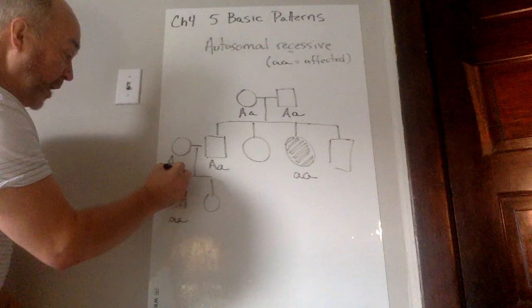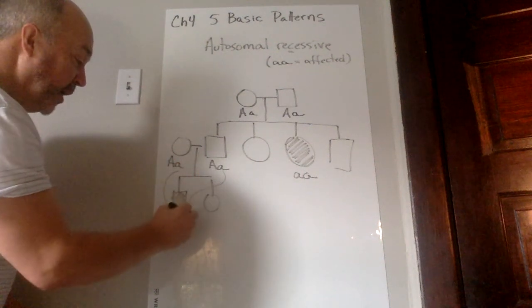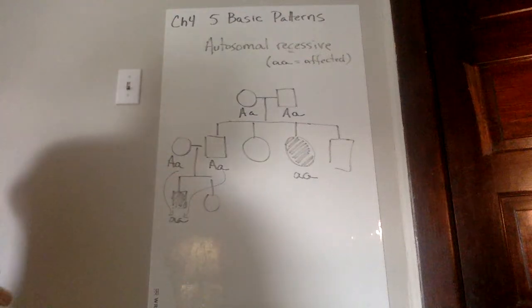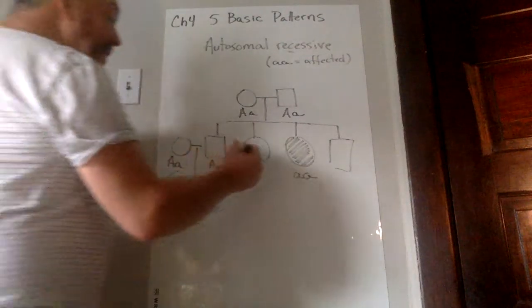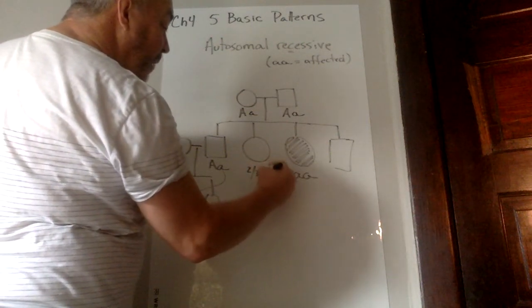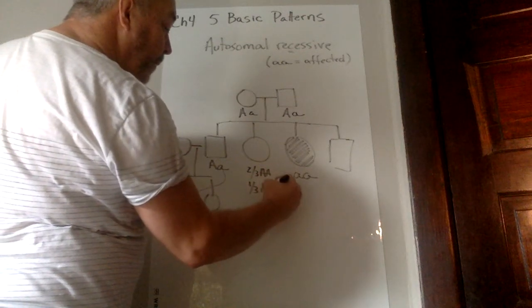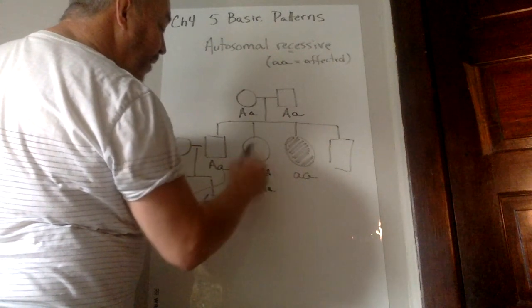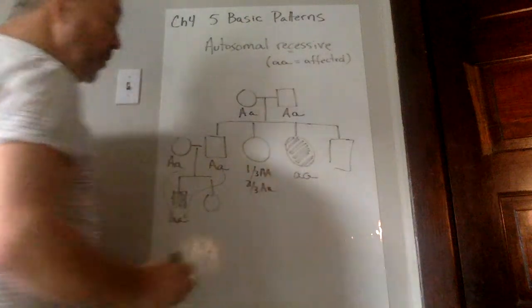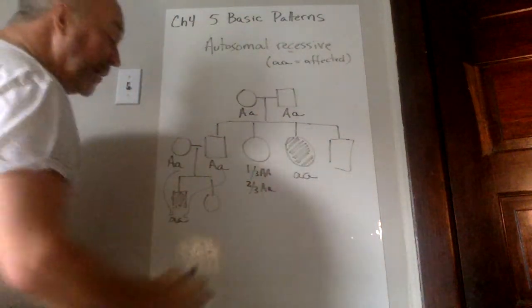Because the only way you can get there is if one individual donates one recessive allele, the other individual donates the other recessive allele. It also means now that this individual has a 1/3 chance of being homozygous dominant and a 2/3 chance of being heterozygous.